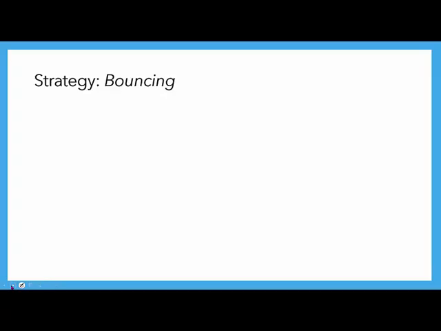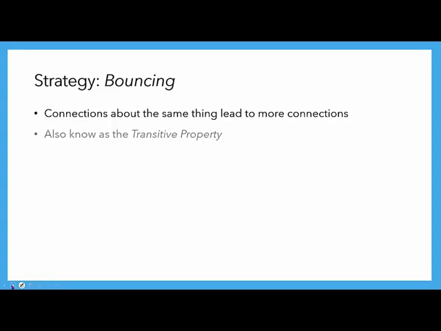Let's talk a little bit about strategies. So this one's called bouncing, and it might be a little hard to understand why it's called that until you do a lot of these puzzles. But basically, bouncing is about having connections with the same thing lead to even more connections, okay?